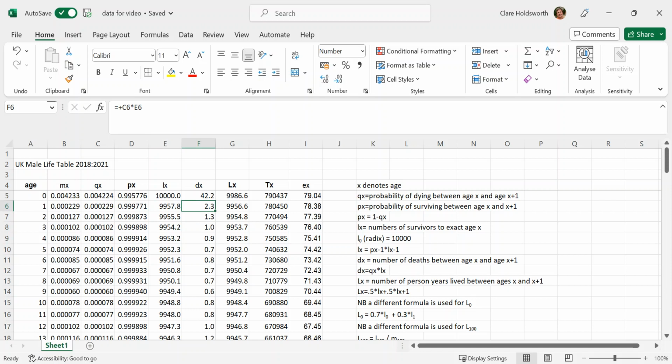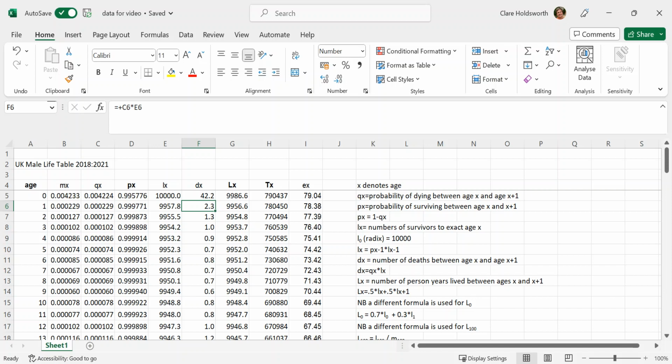Now, we have to make an important assumption about when people die. What we assume in most age groups is that deaths are evenly distributed during the year. By that I mean that for people who die between age 1 and age 2, they're as likely to die aged 1 and 1 month as they are to die aged 1 and 11 months. So we'd assume that the deaths are evenly distributed. So that means that on average, for people who die during that first year, we assume that they live for half a year.